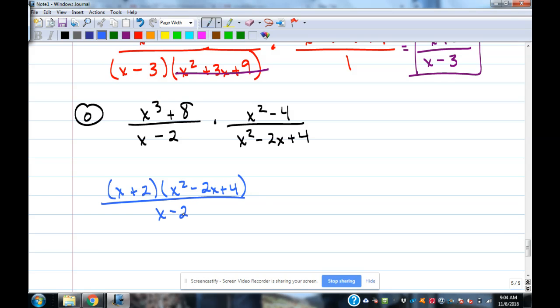X minus 2 doesn't factor. What about x squared minus 4? Difference of squares. Will x squared minus 2x plus 4 factor? Anything multiplied by 4 had to be negative 2. Nope.